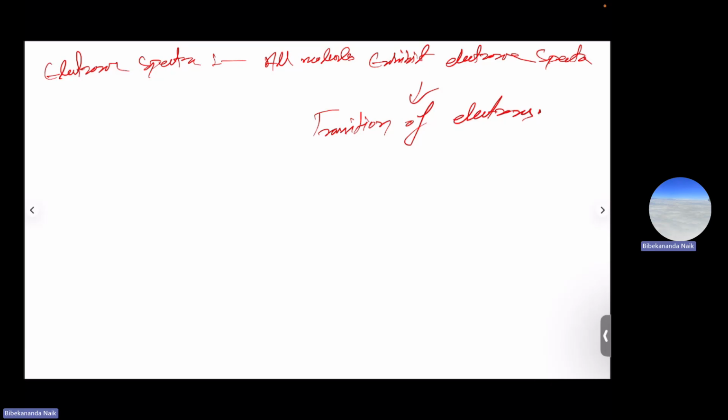Another concept discussed is the Franck-Condon principle.